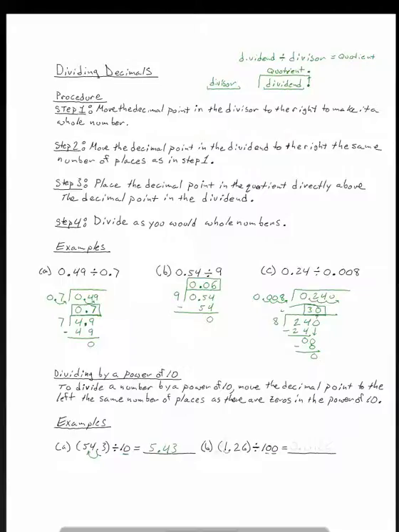Well, we move it once, and then we move it again. And now there's an empty place, so we have to put a 0. So that's 0.0126. And then remember, if we don't have anything before the decimal, we just give it another 0. So our answer is 0.0126.